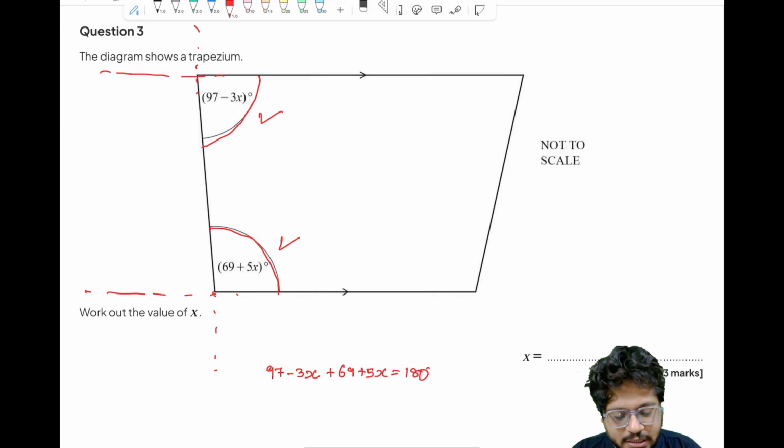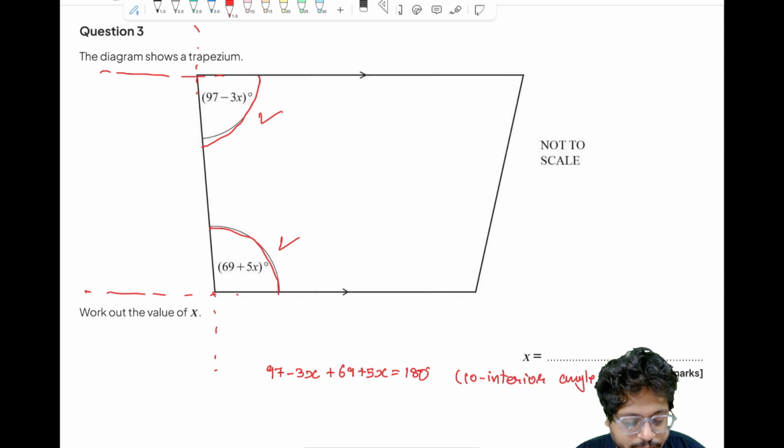Now what will be the reason? The reason is co-interior angles, they sum up to 180. Now you see 97 plus 69, that is 166, and minus 3x plus 5x is plus 2x, is equal to 180.